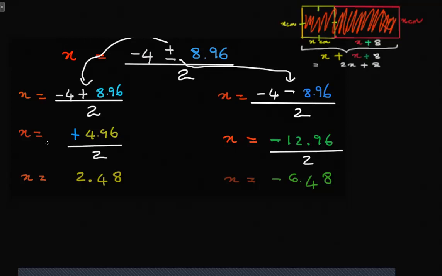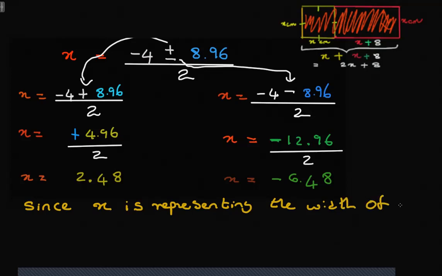No, right? So here, what does that mean? X equals minus 6.48. Is it a valid answer? No, it isn't. So what we've got to say is, since x is representing the width of a rectangle, it cannot take a negative value.